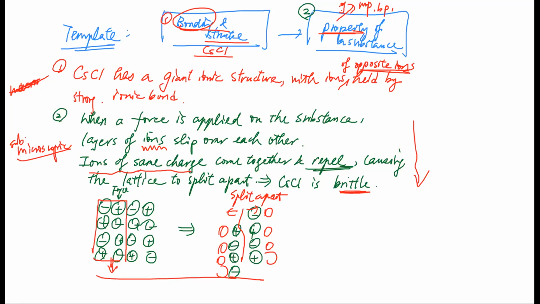But you are going to use your minimum method to focus on the questions, read the template, and try to use this template to continue your work. Okay, what I mean is using bonding and structure to relate to the property of the substance.